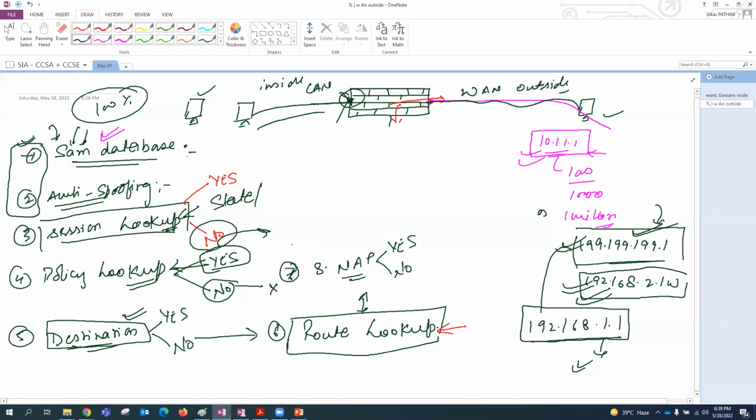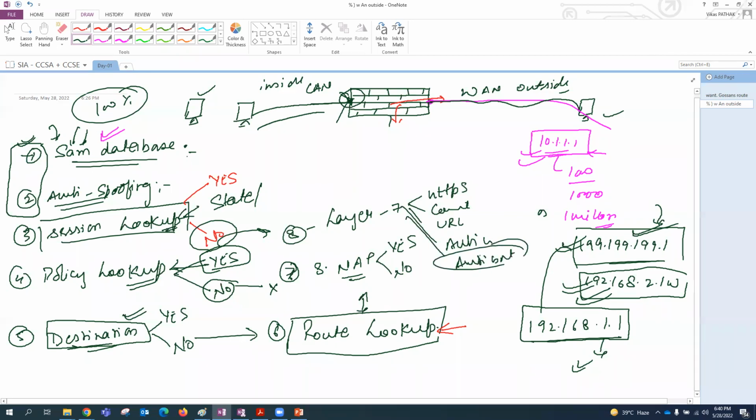Then the 8th one will be layer 7 inspection. See, you all know that this Check Point firewall is the next generation firewall, right? Next generation firewall means it has multiple feature sets like HTTPS inspection, content awareness, URL filtering, antivirus, anti-bot, right?